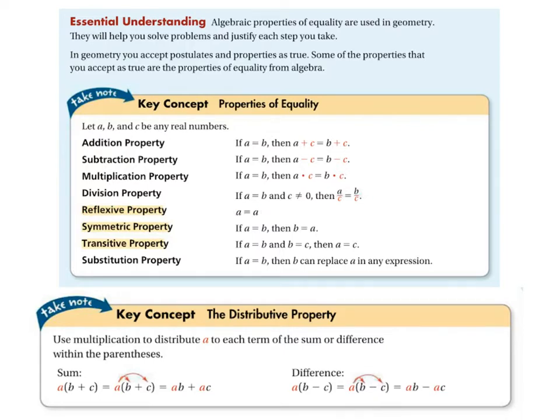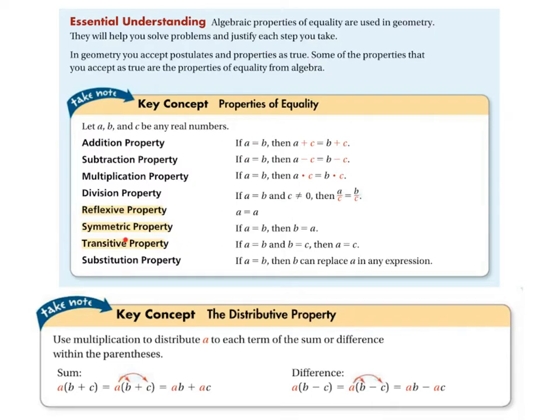Not to be confused with the symmetric property, which is very similar, but the symmetric property says that if A equals B, then you can switch the sides and B equals A. It's not reflexive because if you put the mirror along the equals line, you're not getting the same thing on both sides. So that may be a way you can remember it. You can switch the position of them and it's symmetrical.